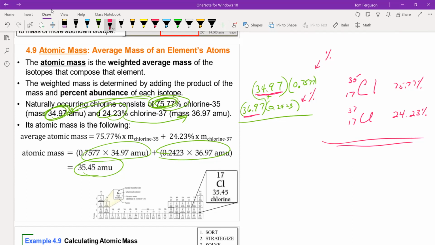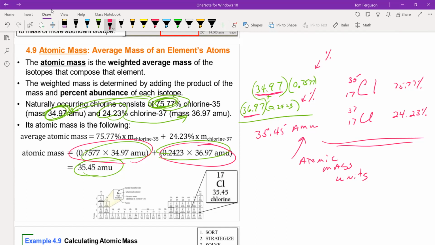When you do that, you're going to end up with 35.45 AMU. AMU stands for atomic mass units.